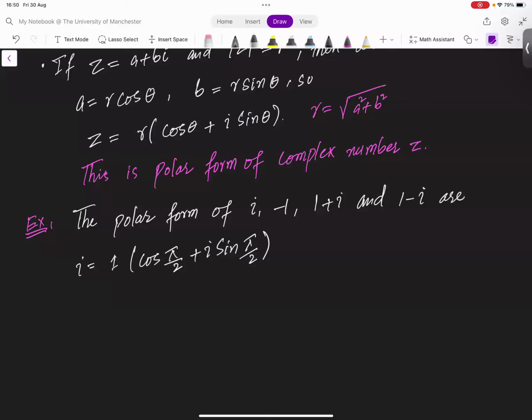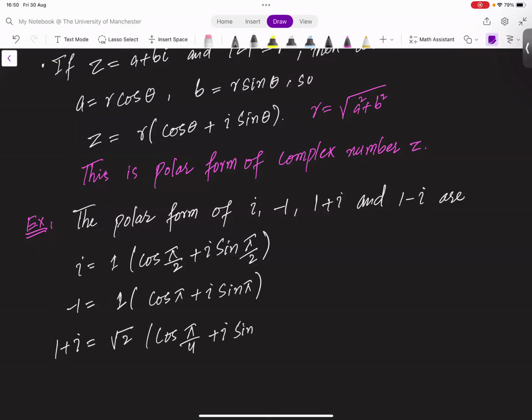Similarly, we can write minus 1 is equal to 1 into cos pi plus iota sine pi. You can measure 1 plus iota as under root 2 cos pi by 4 plus iota sine pi by 4.